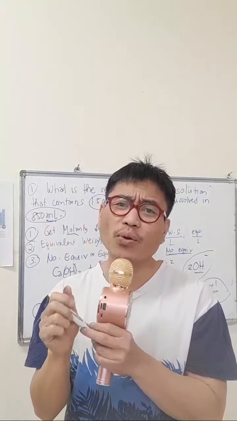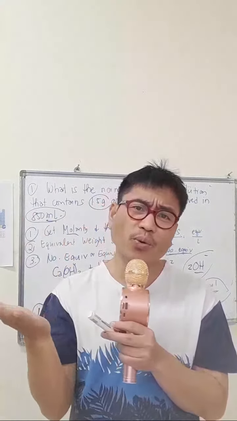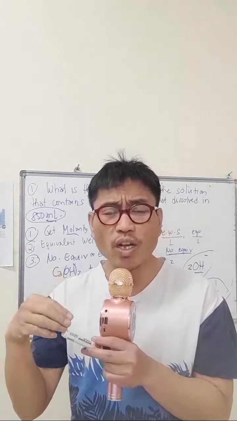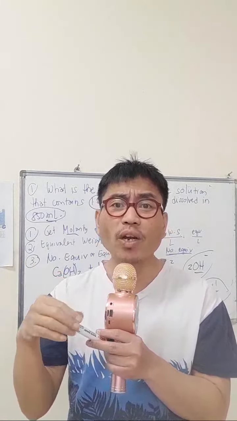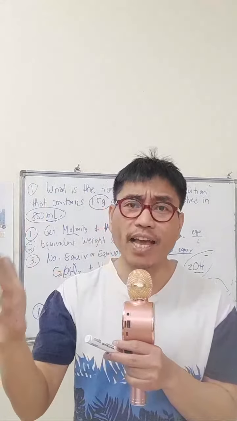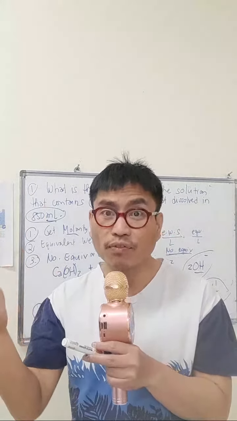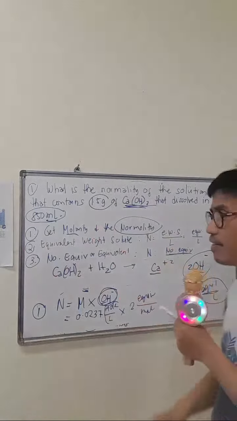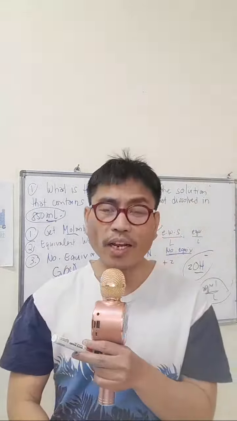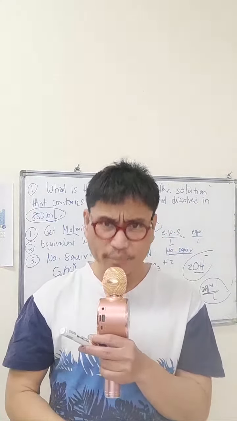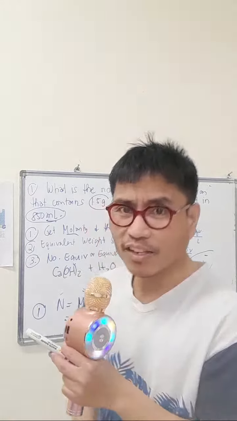Because in Arrhenius theory, if you introduce any compound, base, or acid to a solution or to water, it will yield either a positive H ion or a negative OH ion. And this is the example. This is the Arrhenius theory of basicity. Okay? You get the point.